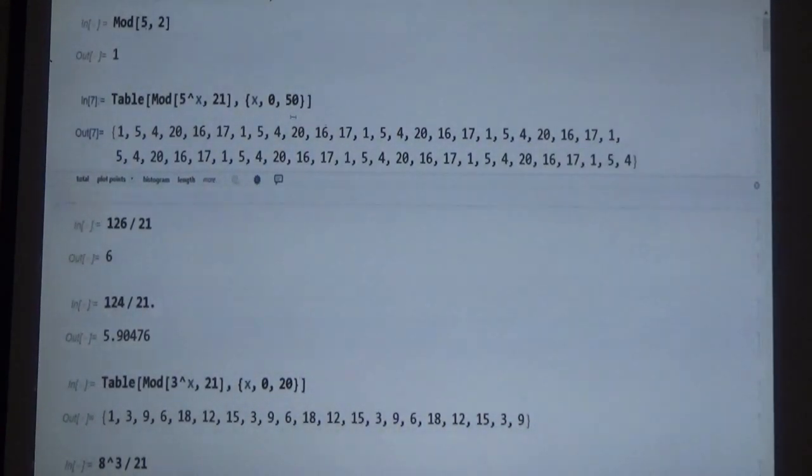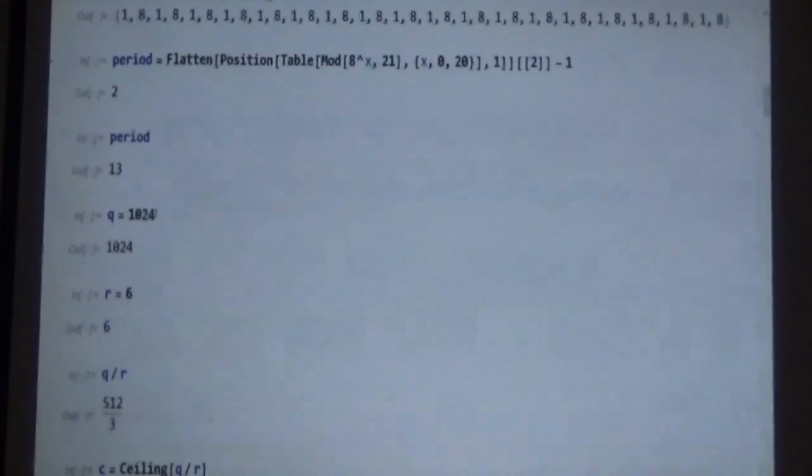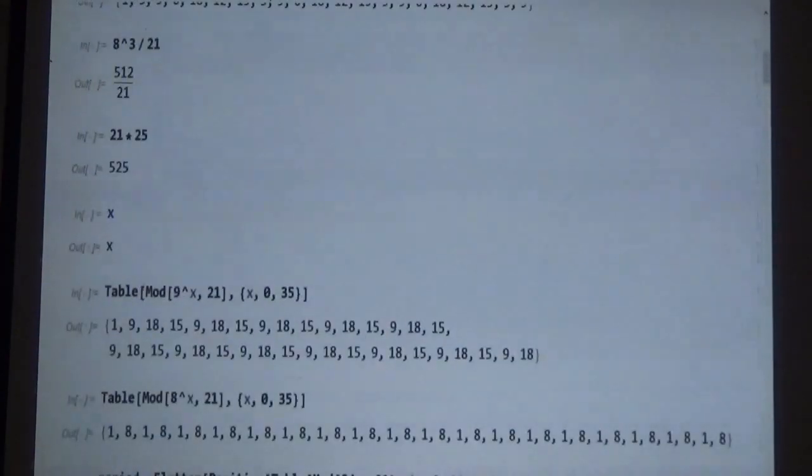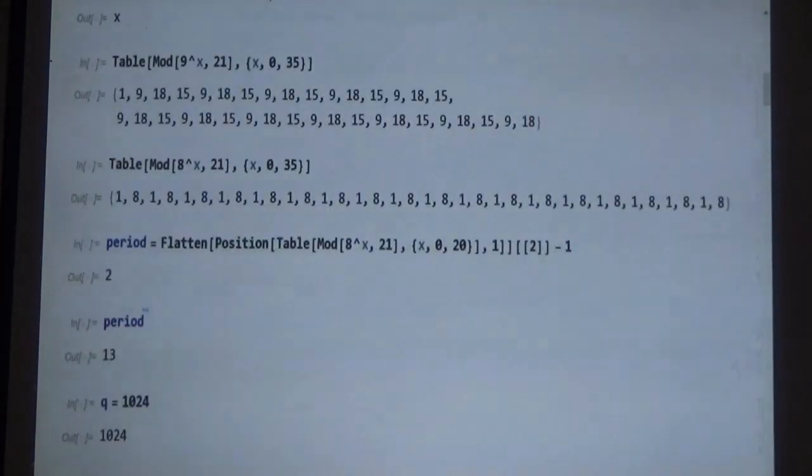Alright? So I'm taking my number capital N to be 21, and I'm taking 10 qubits in the first register, which means my Q is 1024, my R is 6, because the small a that I'm using I think is 2.